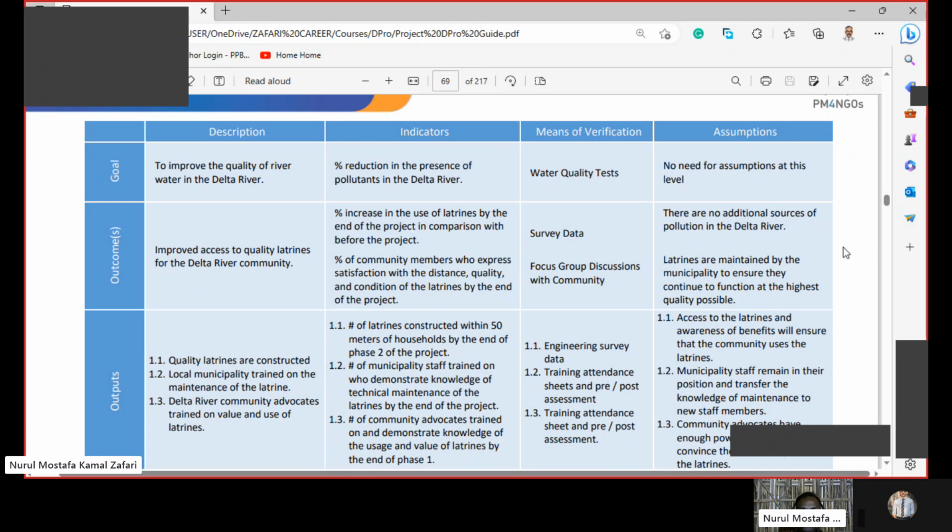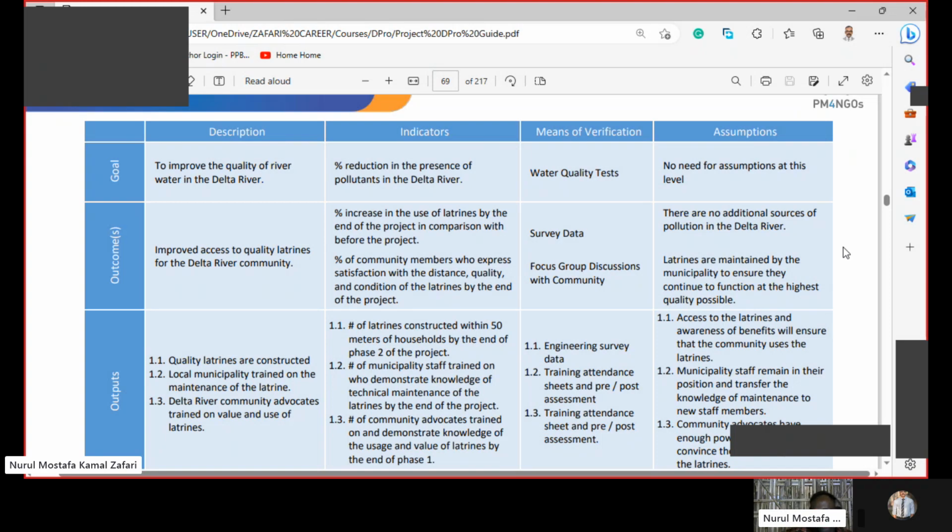And also the number of municipality staff trained who demonstrate knowledge of technical maintenance of the latrines by the end of the project. We have time, by the end of the project, who, number of municipality staff, what, their knowledge, the demonstration of knowledge on technical maintenance of latrines. So we have the module, the knowledge base.